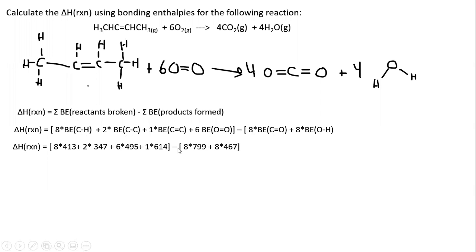We can enter the bond enthalpies and determine the difference. So here we get a negative 2,546. So again, what that means is that since this is exothermic, the bonds in the products are more stable than the bonds in the reactants.